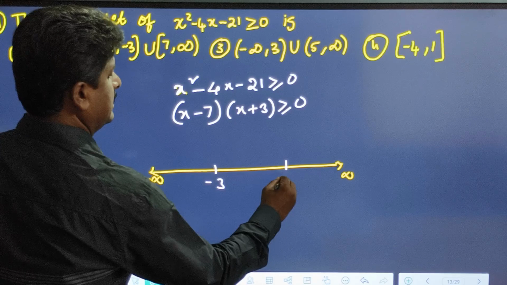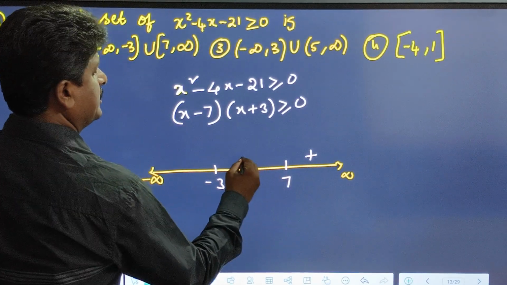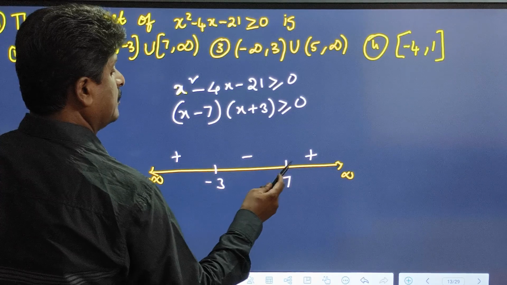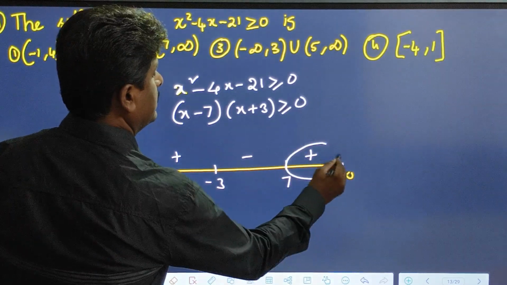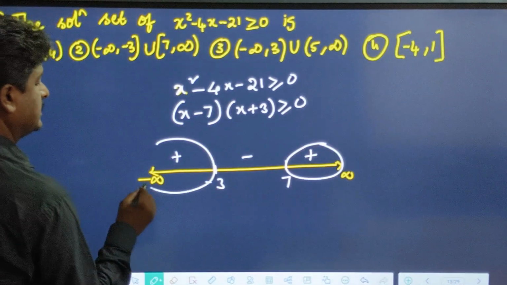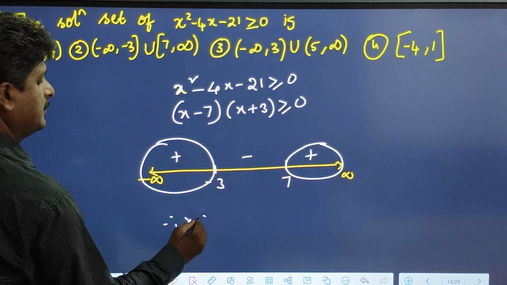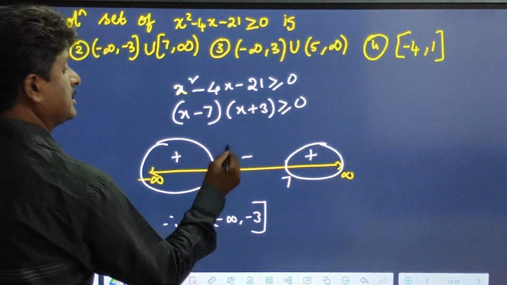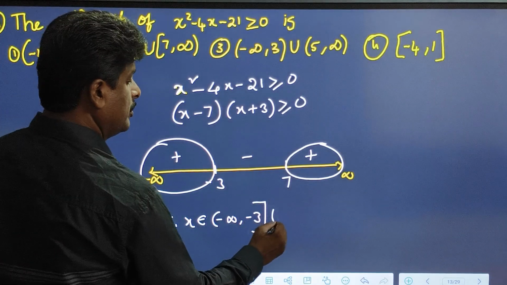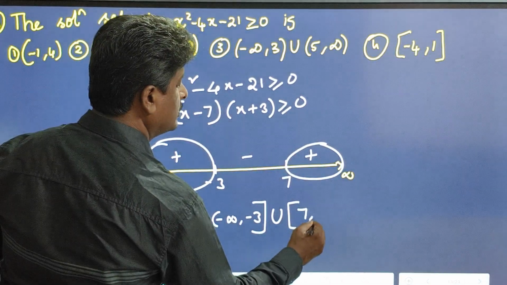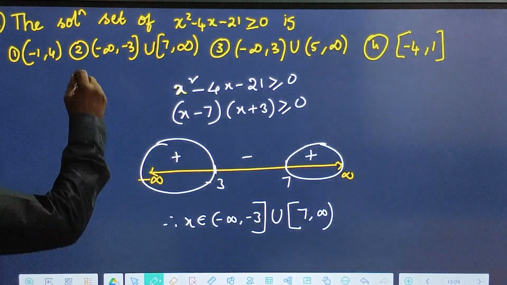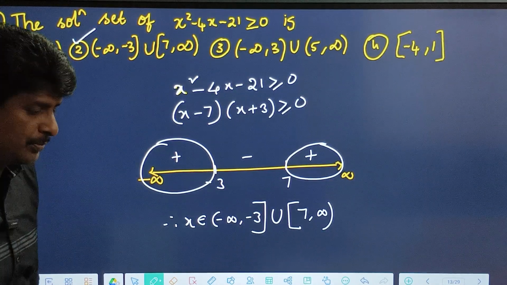This is minus 3, this is 7, right extreme plus, minus, plus. So we need to find greater than or equal to 0. That's why this is the region, this is the region. Therefore x belongs to minus infinity comma minus 3 closed because of greater than or equal to 0, union closed 7 to infinity open. Okay. So the answer is the second option.